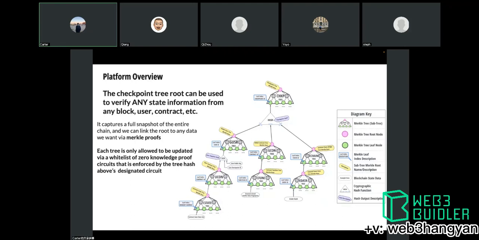And then if it is a right-hand sibling, then instead of using the current sibling from our current checkpoint proof, we use a 0 Merkle hash. So the 0 Merkle hashes are going to be 0 for the leaves, the hash of 0 and 0 for the level above that, the hash of that level for the level above, and so on and so forth.